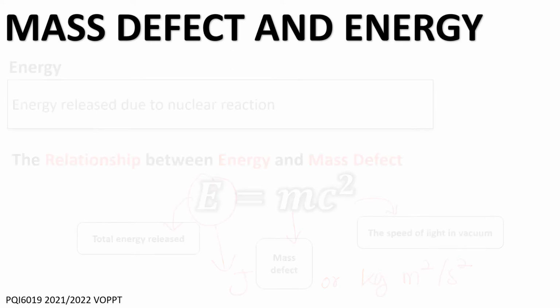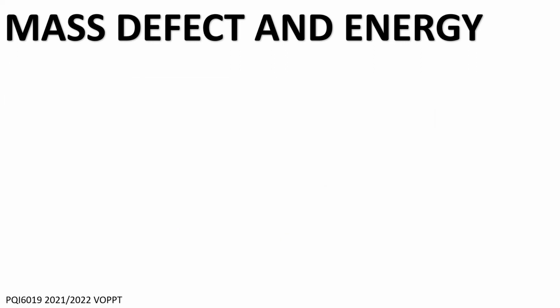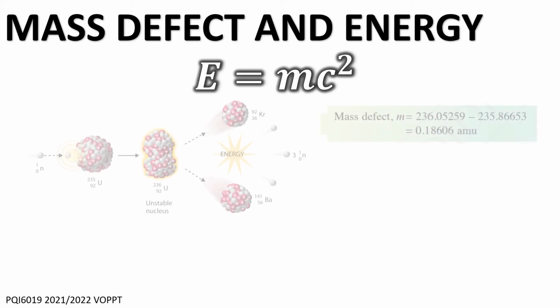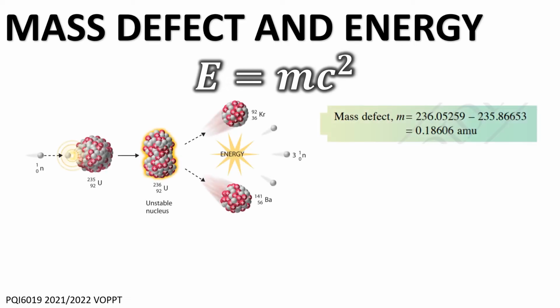Alright, we already know the relationship between energy released and mass defect. Now, we want to know the energy released in a nuclear reaction. So, how do we find the energy? First, from this figure, we have the mass defect.